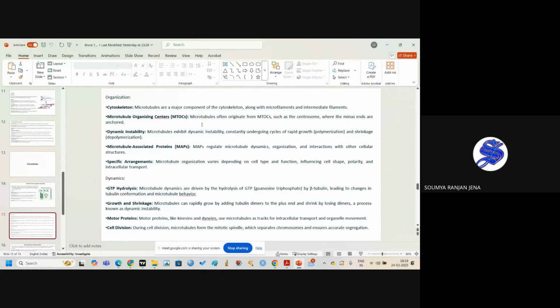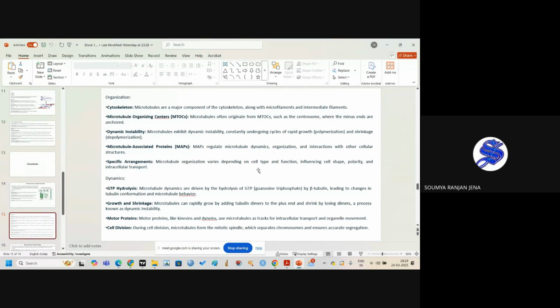These microtubules form a microtubule organizing center, such as the centrosome, where minus ends are anchored. And microtubules exhibit dynamic instability, constantly undergoing cycles of rapid growth, polymerization, and shrinkage. In microtubules, polymerization and depolymerization occur simultaneously.